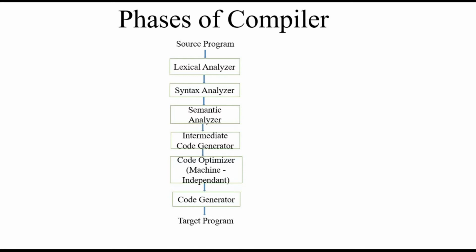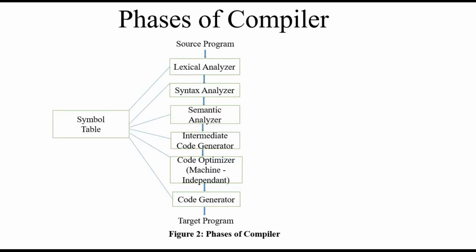All these phases are connected with the symbol table. Here you see all these phases are connected with the symbol table, and also the error handler. If any error is generated, then the error handler gives the notification.